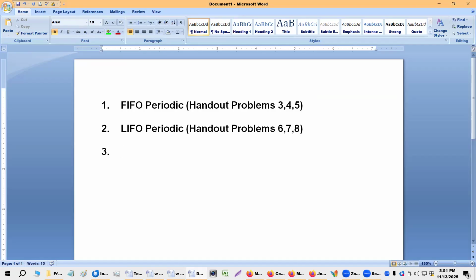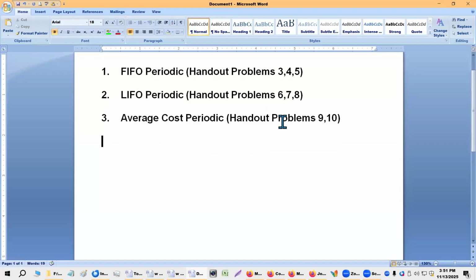We're going to have an average cost, periodic. Okay, and I will put a LIFO perpetual.